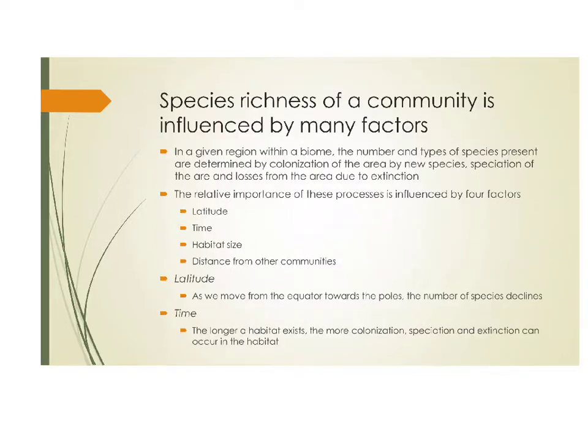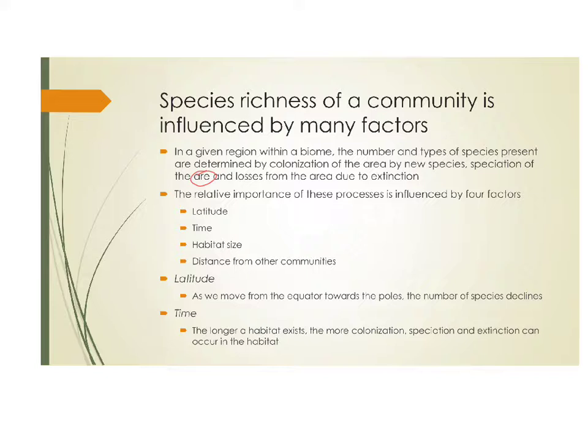Species richness of a community is influenced by many factors. In a given region within a biome, the number and types of species present are determined by colonization of the area by new species, speciation of the area, and losses from the area due to extinction. This should say area right here, the area, not our area, and losses from the area due to extinction.